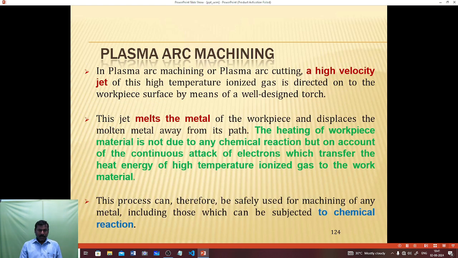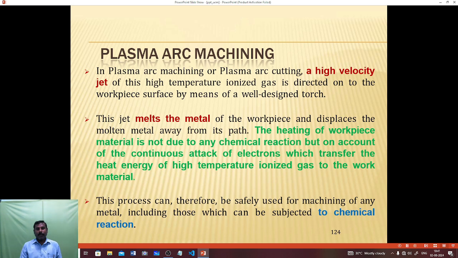In plasma machining or plasma arc cutting, a high velocity jet of this high temperature ionized gas is directed onto the workpiece surface by means of a well designed torch. This jet melts the metal of the workpiece and displaces the molten metal away from its path.